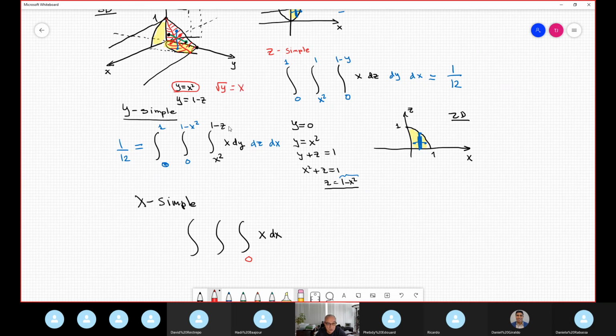I go from 0 to square root y. It's the x value when you integrate in this direction. So I make the decision to integrate with respect to x, and the limits of this integral are x equals something and x equals something.